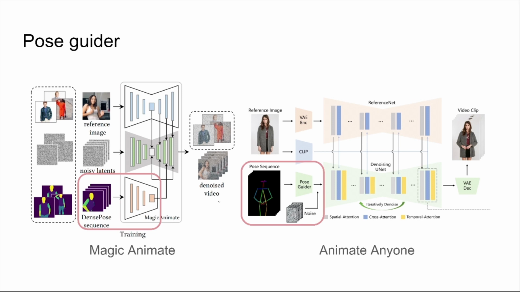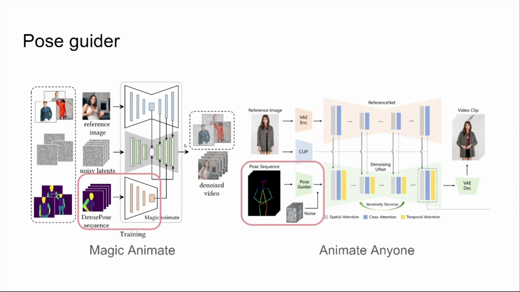So we can call Animate Anyone maybe the GPT-3 point of human video generation, but Magic Animate we can say is maybe just half of the impact. If we look at the network structure of Magic Animate, as I mentioned before, it's a very naive, very plain structure.